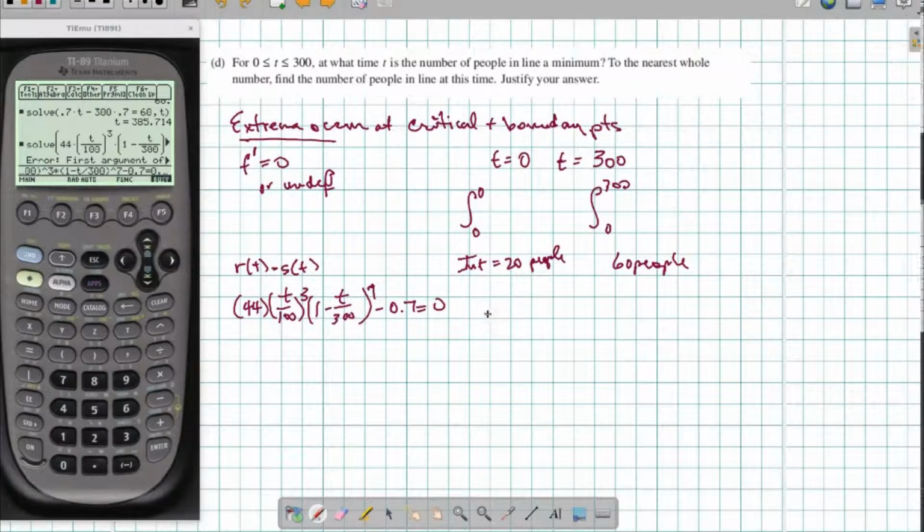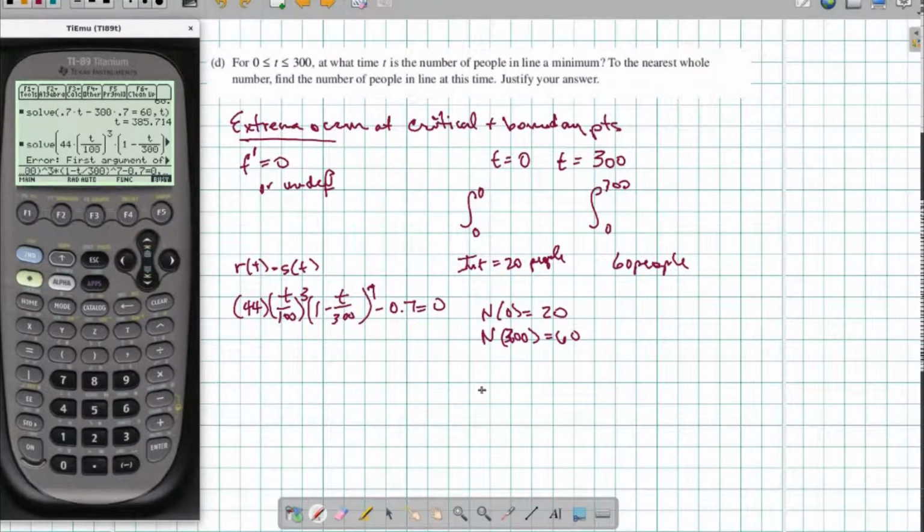So I know that the number of people at time 0 is 20, and the number of people at time 300 is 60. So all I need to do is figure out the critical points of this expression. It is still calculating, and it will take a while, and that's okay.